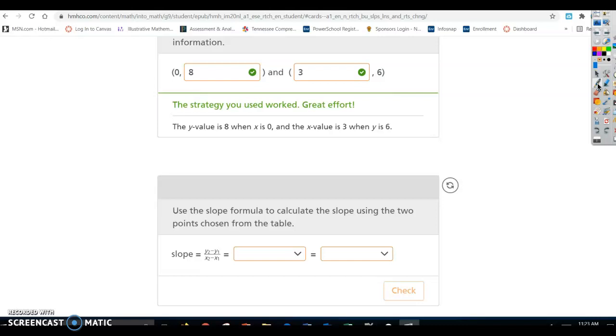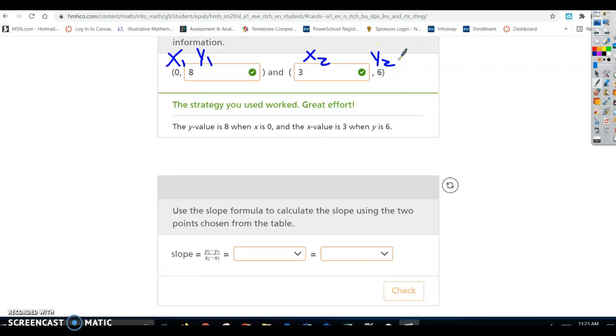So 0 is our x and 8 is our y from our first point, and this is our x and our y from our second point. These little subscripts, the 2 and the 1, just show which point they're referring to.